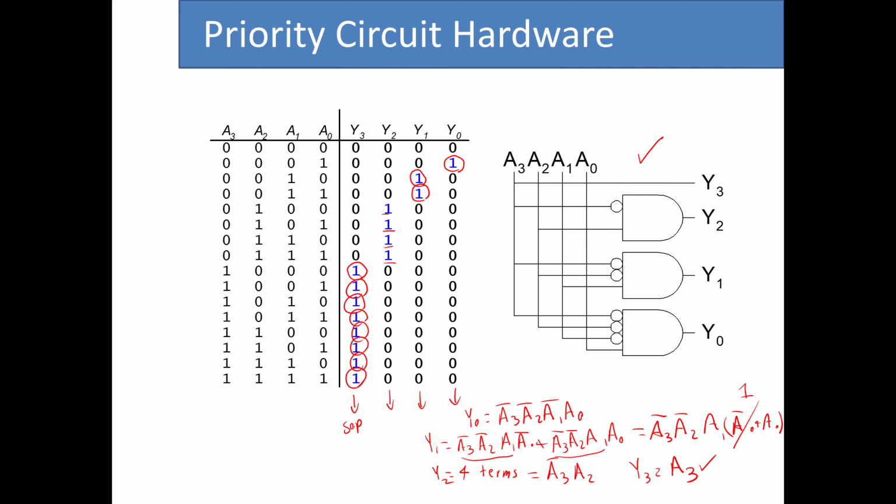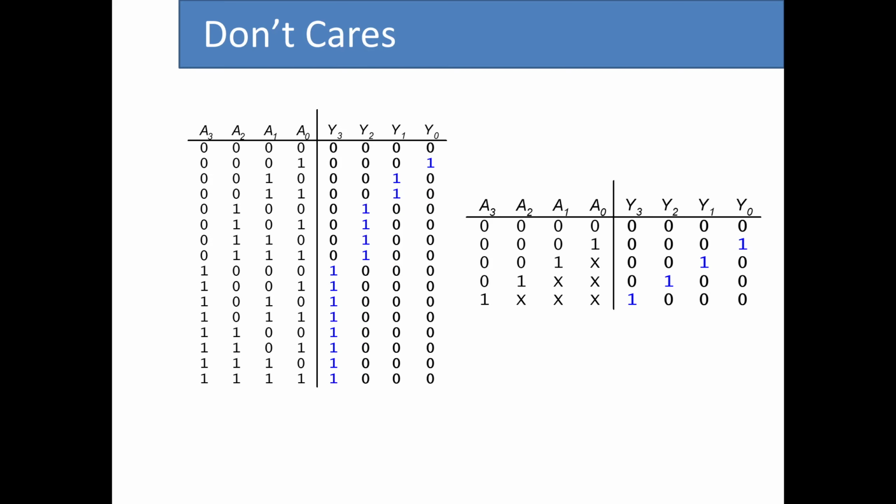But what about the redundancy? Is there any way that we can reduce the number of rows that we want to have for this truth table? And the answer to that is yes. So this is a reduced version of the truth table. How did we achieve this?